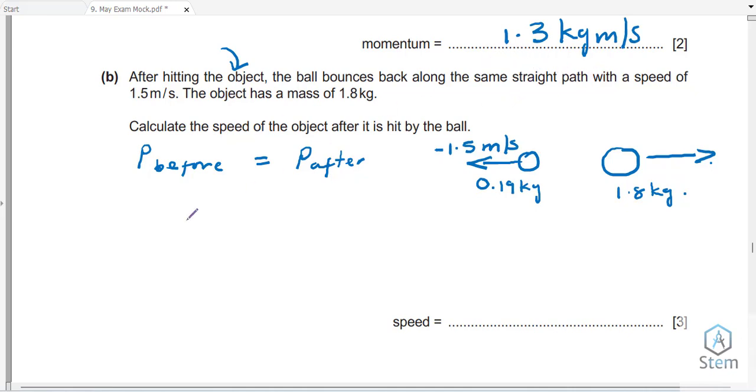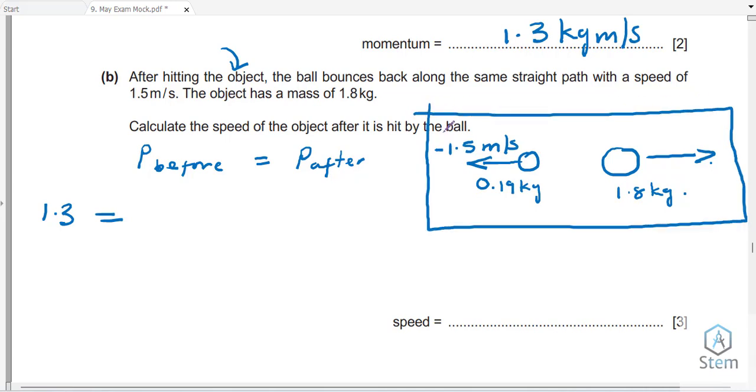Momentum before collision was 1.3. Momentum after collision is, we take these two and we calculate their momentum. So we have minus 1.5 times 0.19 plus the momentum of the object, which is 1.8 for mass, and V, which we don't know yet.